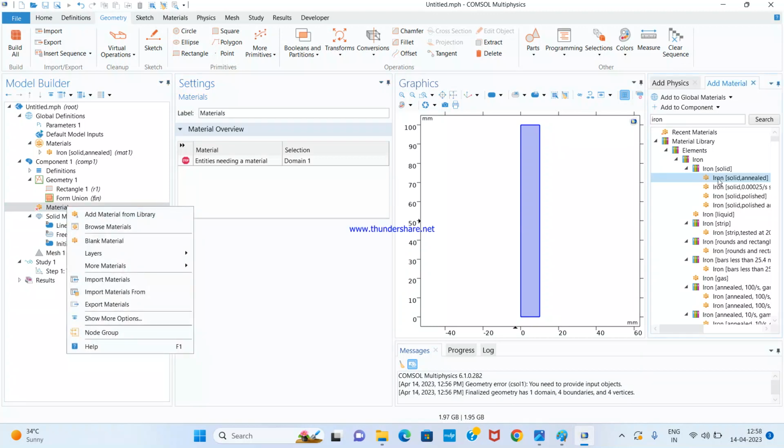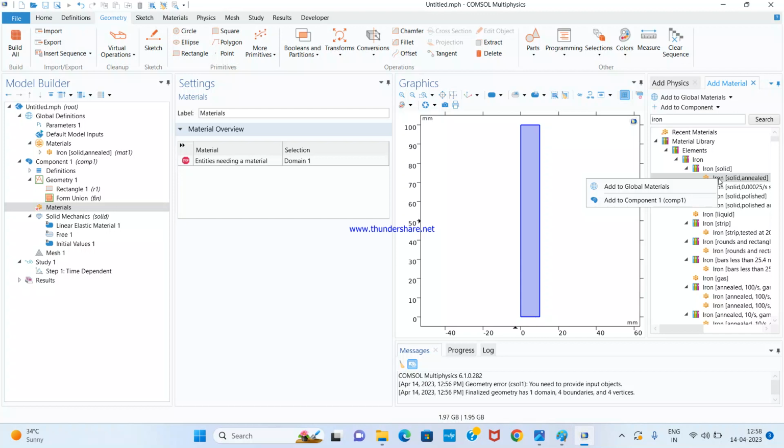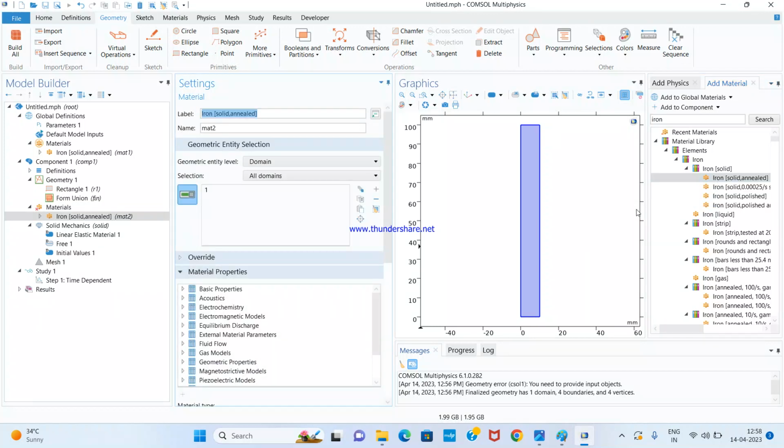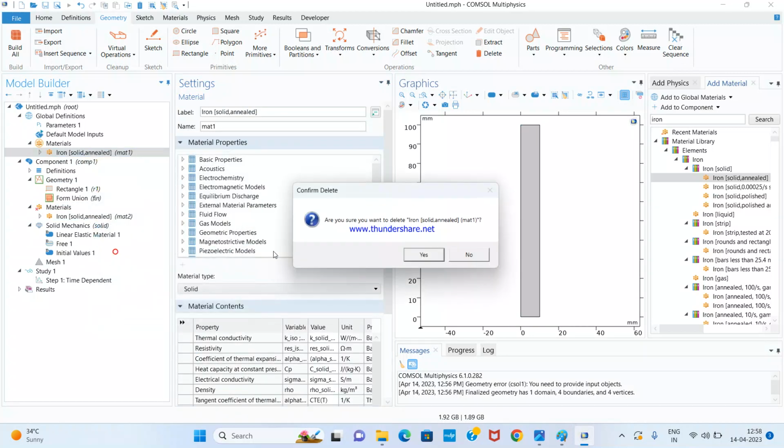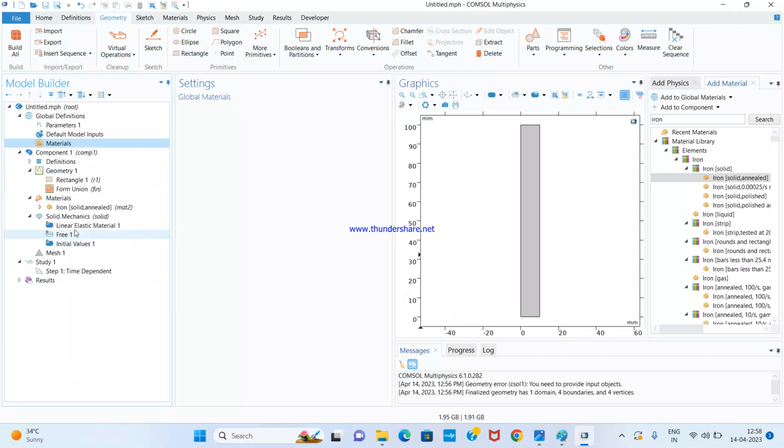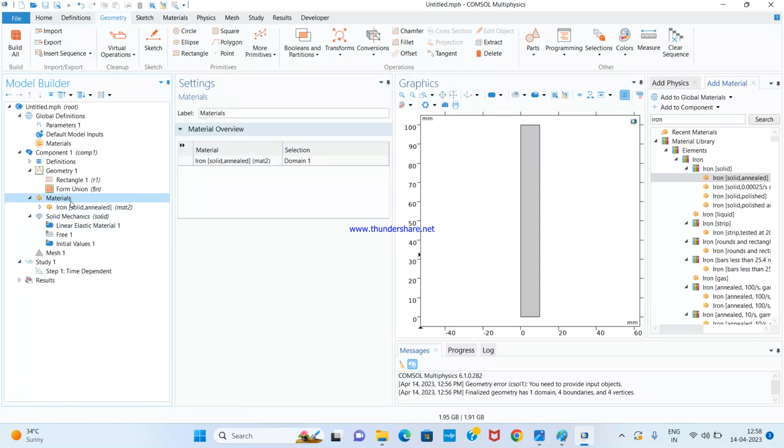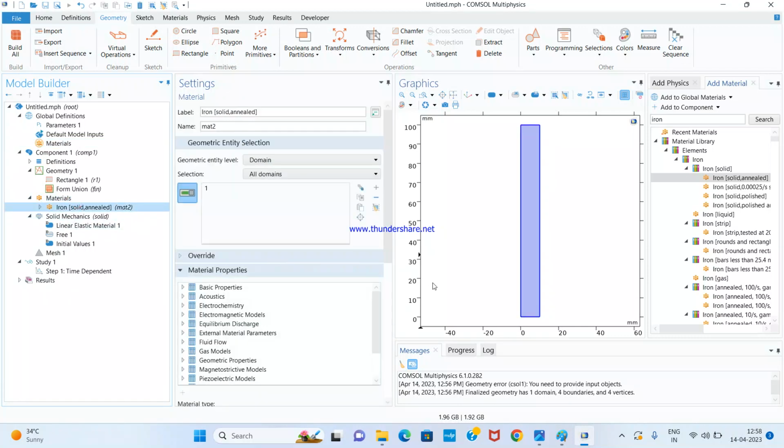So add to component, so here I know it. Okay, so here my material is iron, it is already selected.